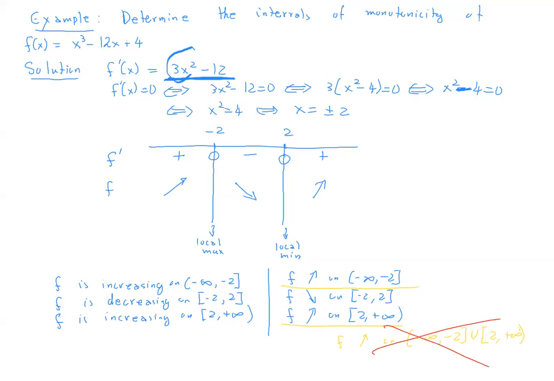If you knew that it was increasing on two adjacent intervals, then you could actually deduce that it's increasing on their union as long as it's continuous. Especially what matters is the point where those two intervals meet. But in general, like it is in this case, you should just leave it alone and keep the intervals separate. Okay, let's do another example.